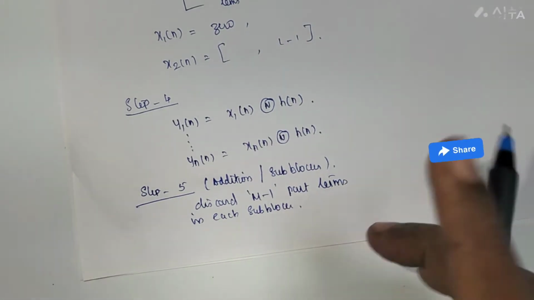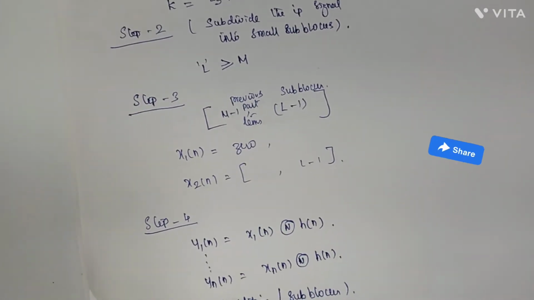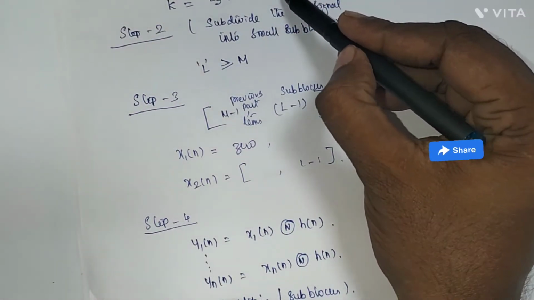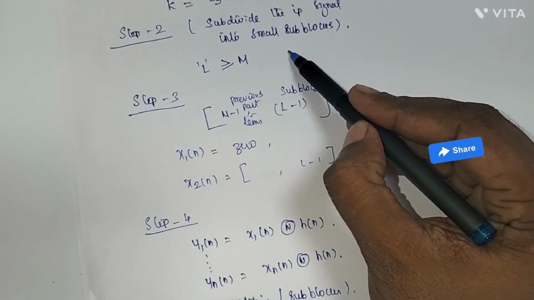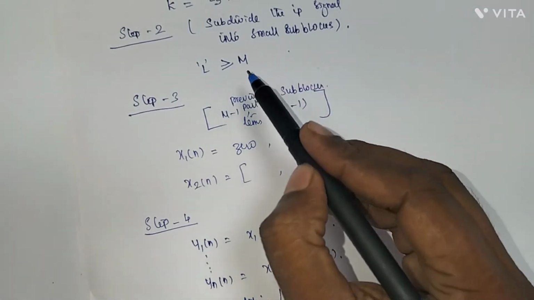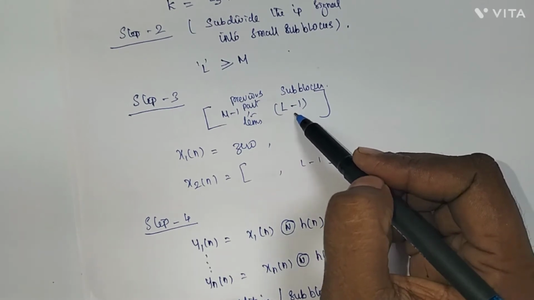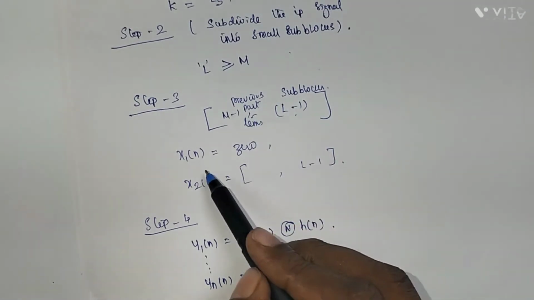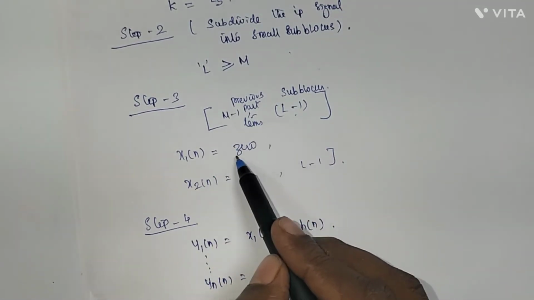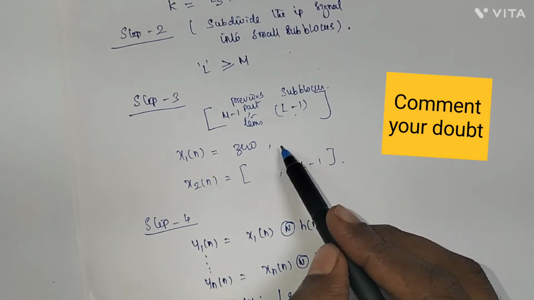So these are the steps involved in computing the overlap save method for a given input sequence. First you find the length of the output sequence, then divide the input sequence into smaller subblocks. Each subblock should contain L minus 1 input samples and m minus 1 previous terms. In the first subblock, it contains m minus 1 zeros and the remaining terms of the input sequence.